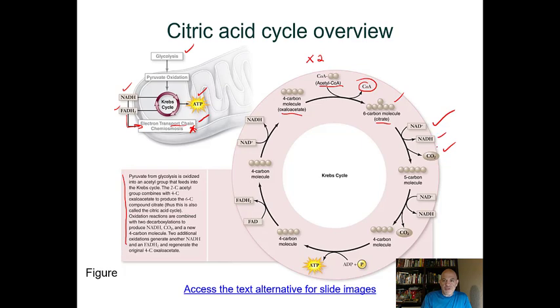So here's your reduced form, NADH. That's going to be useful. It's going to carry that high energy electron. There goes one of your carbon dioxides. We started with 6, and we now have a 5-carbon compound. We're going to have another decarboxylation, so we're going to lose another carbon. We're also going to remove another hydrogen and its electron to reduce NAD to NADH.